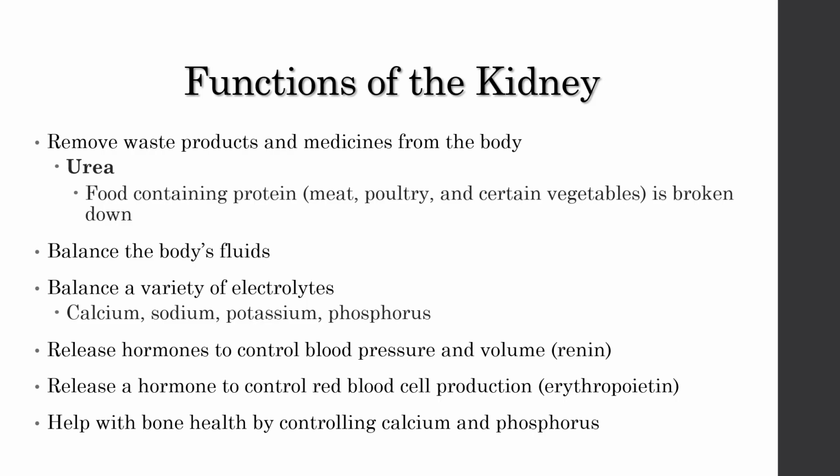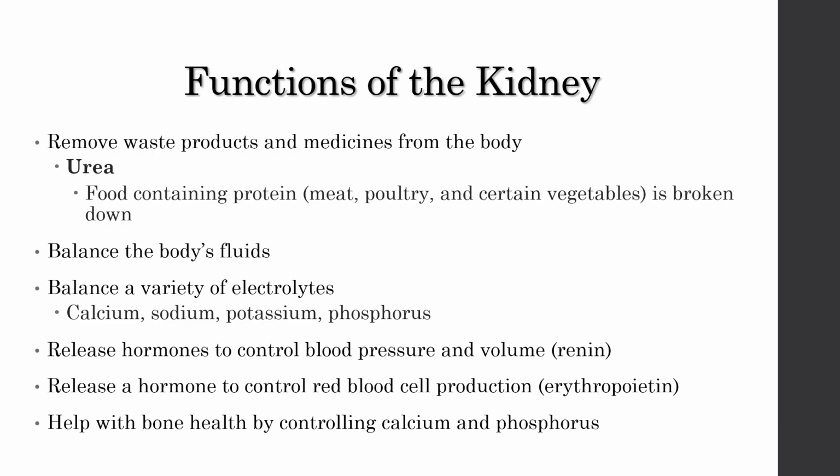The kidney also balances body fluids, so too much water, it excretes it, too little, and it conserves it. It balances electrolytes such as sodium, potassium, calcium, and phosphorus. So even tiny electrolyte shifts can cause major clinical issues, especially potassium. That's why renal failure is often life-threatening, even before urine output changes.